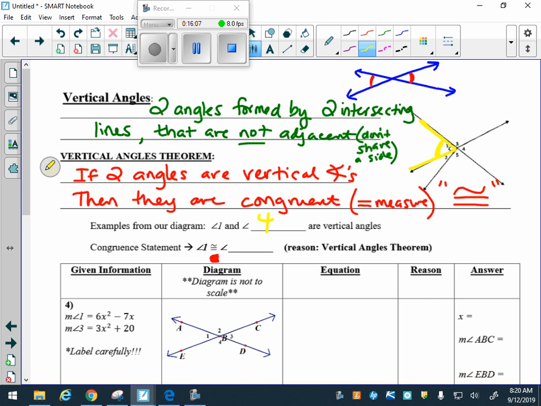You can see this if you extend the two lines that make angle 1, and then you'll see on the kind of back door it makes angle 4. So a congruent statement for that fact would be that angle 1 is congruent to angle 4. And the reason there would be the vertical angles theorem.